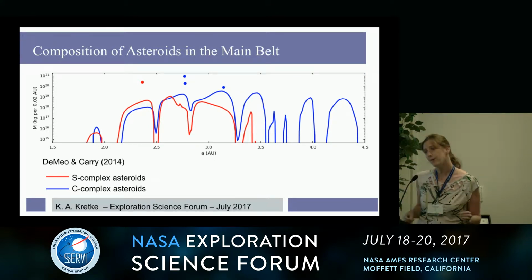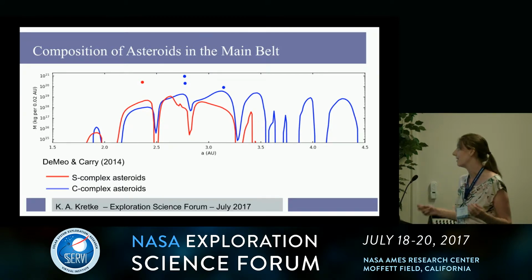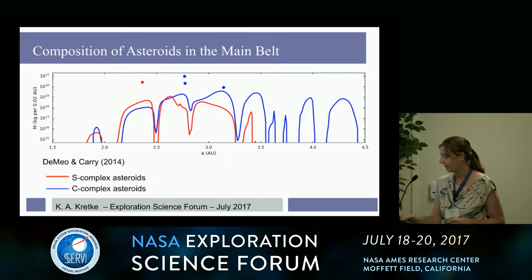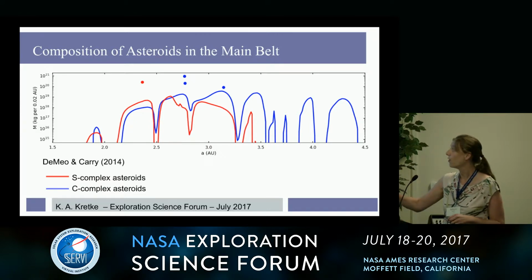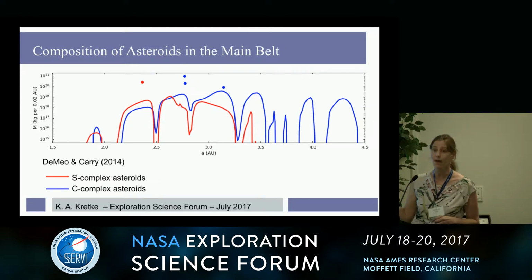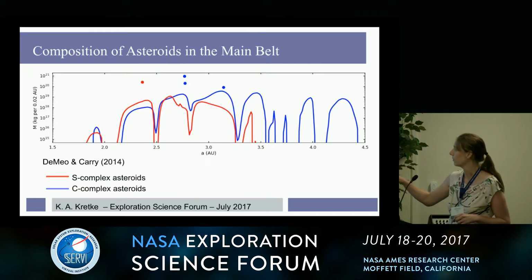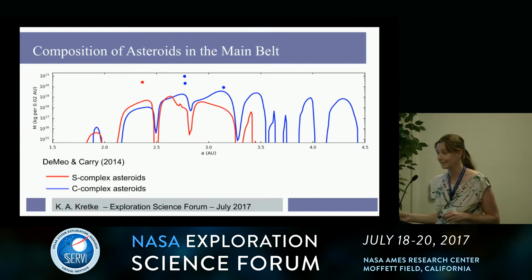sense. Except for when people started looking in more detail, it became clear that these two populations actually are very, very mixed. There's a broad overlap in regions populated by the more refractory and the more volatile-rich asteroids.